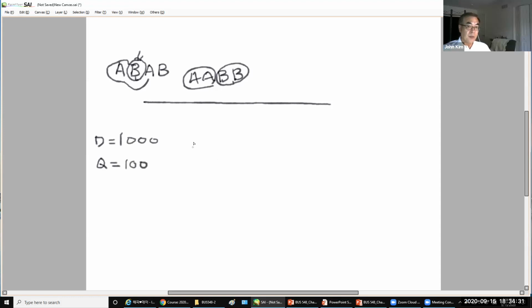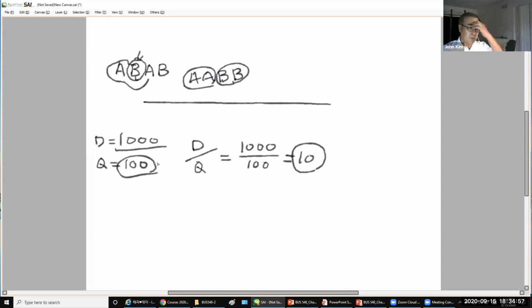Then annual demand divided by order quantity equals 1,000 divided by 100, which is 10. 10 means that to satisfy the annual demand when order quantity is 100, we place an order 10 times.